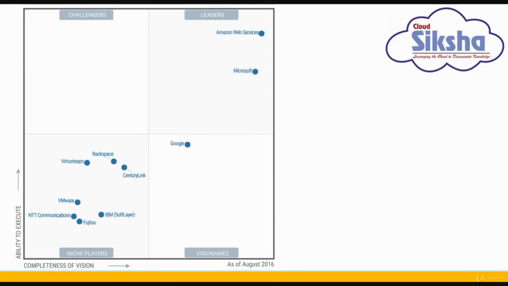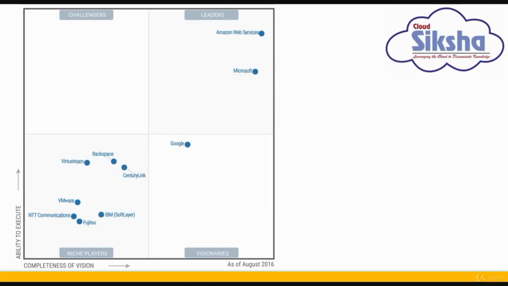It means that both these companies have a long-term vision, a complete vision of where they want to go, and they have the necessary ability to execute and make this vision a reality. Others fall in various categories like visionaries or challengers or niche players, but Amazon clearly tops even in Gartner's Magic Quadrant.